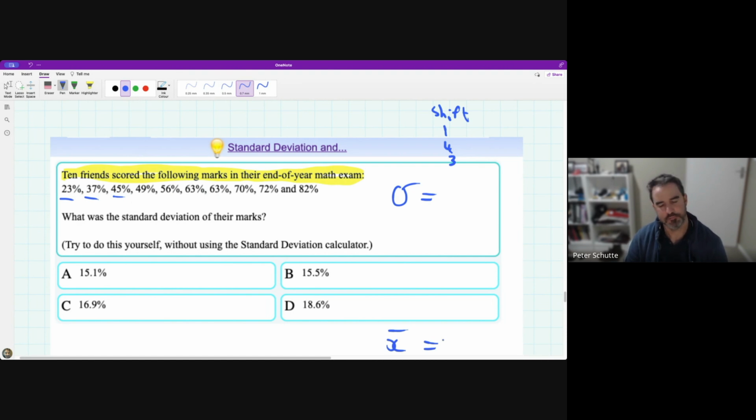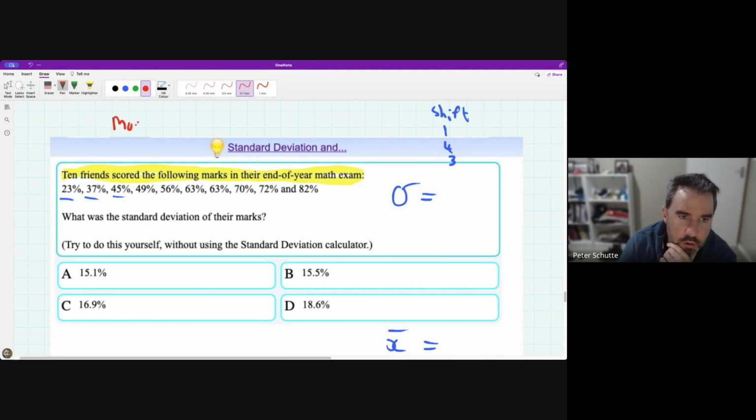See if you can do that. Now, which of these four options? So we're going to go into our calculator.